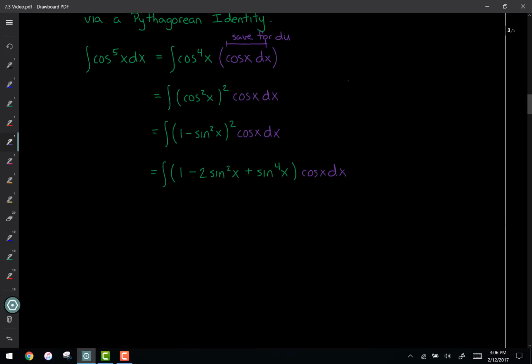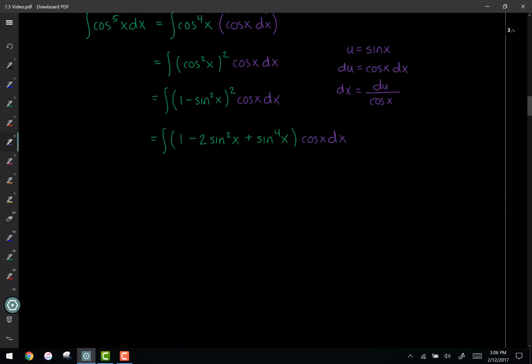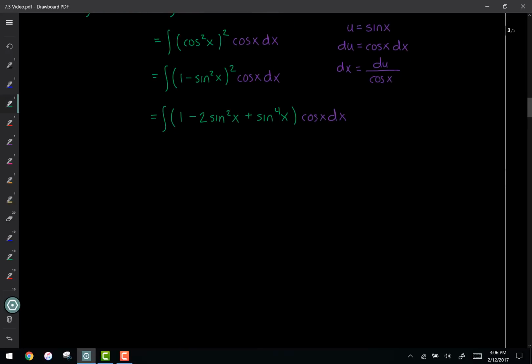So put it over here, guys. So u is sine of x, du is cosine of x dx, so dx is du over cosine of x.